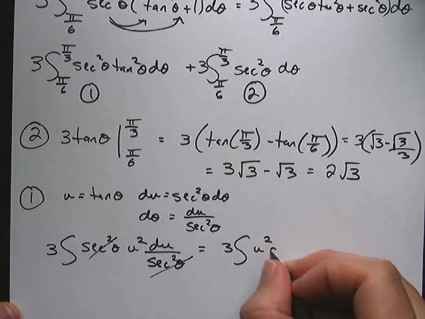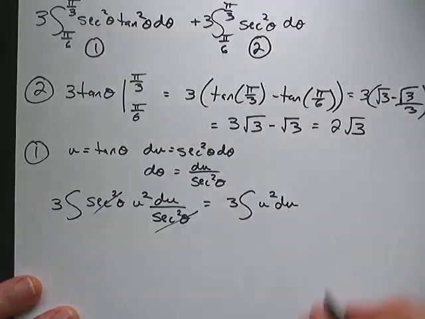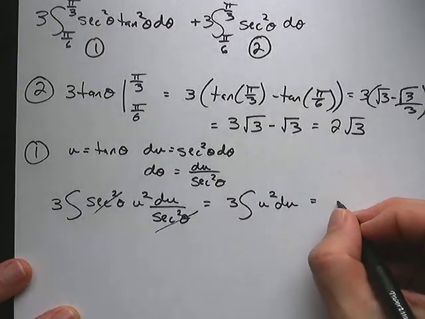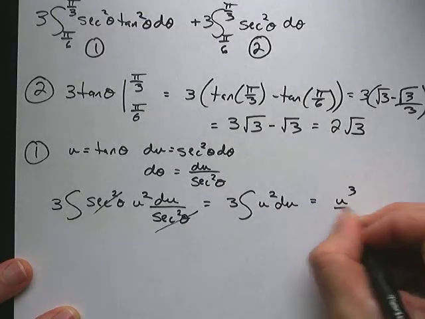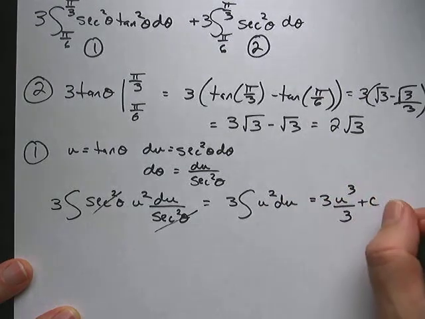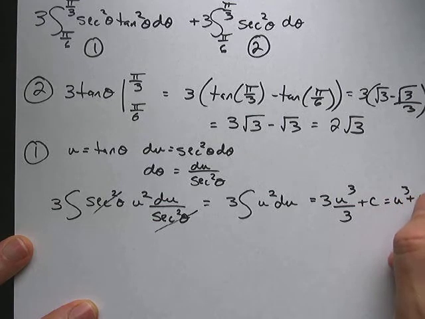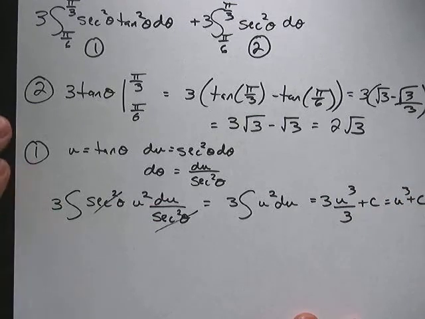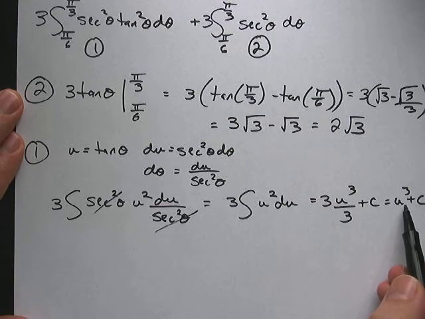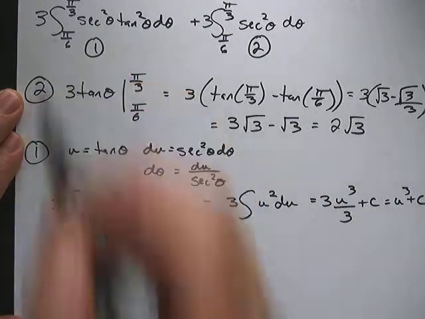Notice I'm still not writing limits because I'm going to switch back my variables in the end. Okay, so this becomes u cubed over 3. There's also the 3 that was out front, so this becomes u cubed plus c. Okay, so we substitute back in that u is equal to tangent, and then we can use our original limits.